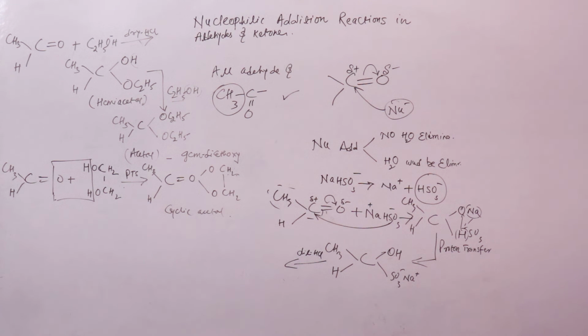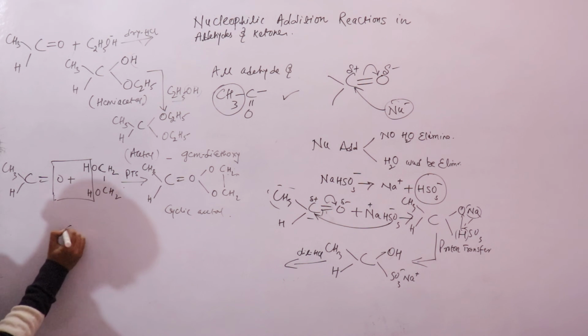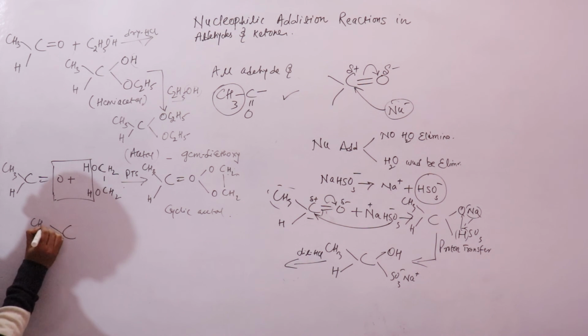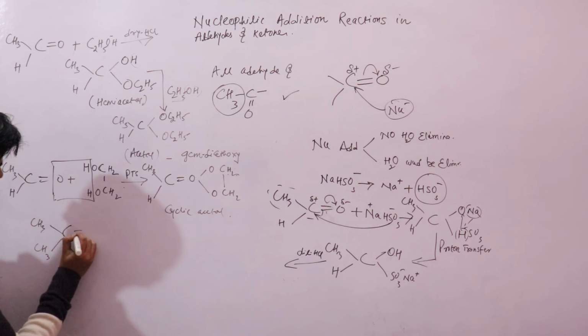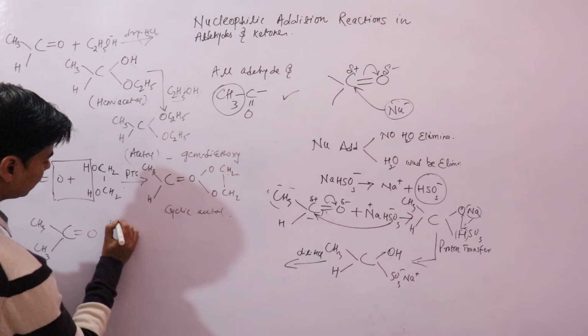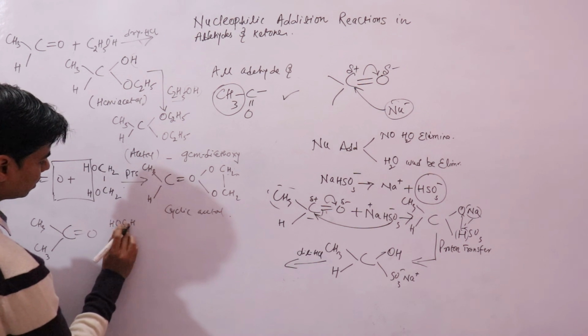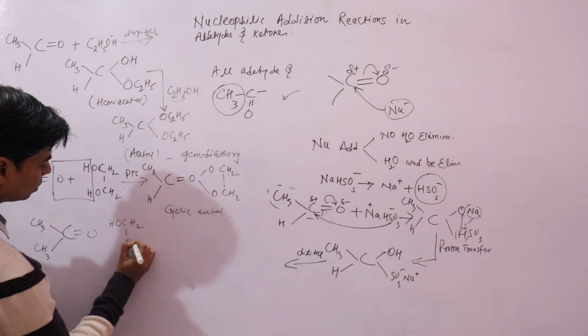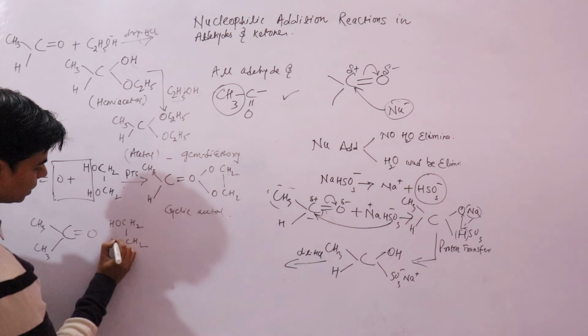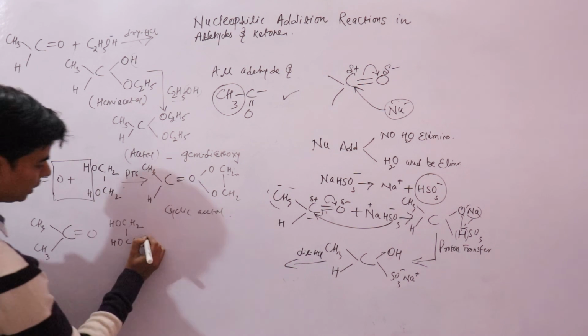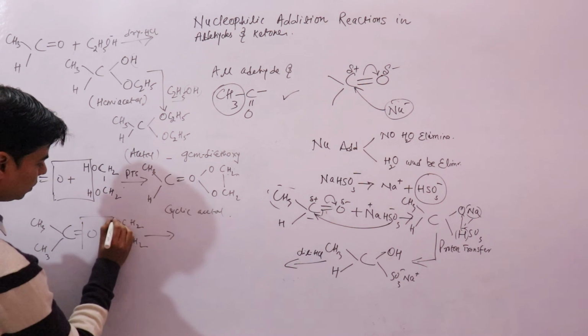And ketones also undergo a similar reaction under similar conditions. They will react with dihydric alcohols. If I take a ketone, say acetone, it will also react with ethylene glycol, CH2, HO. A water molecule would be eliminated.